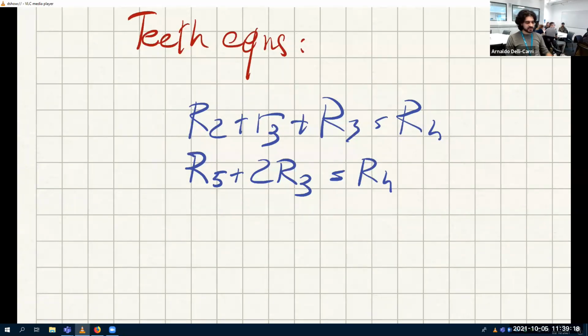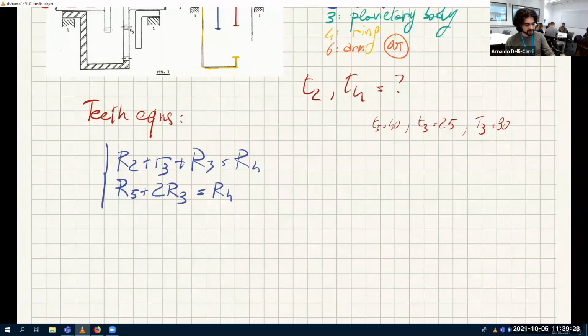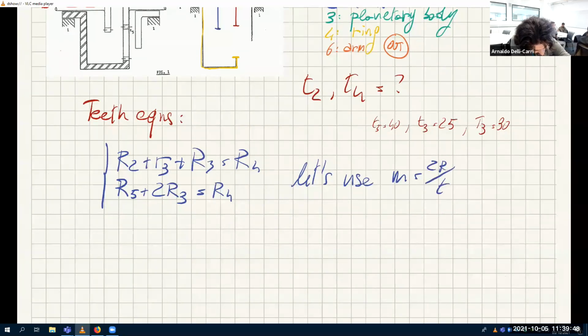These are two equations, but my unknowns are T2 and T4, so they are inside the radii. I must make them explicit. I don't know the module, so I don't know these radii, but I know the number of teeth. So let's make use of the module: m equals twice r divided by t. So r is mt divided by 2.